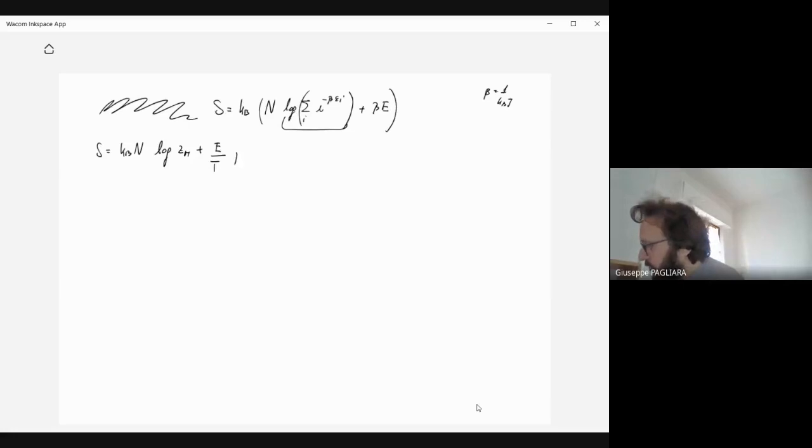And then I can also compute the Helmholtz free energy. The Helmholtz free energy was U minus TS, which in this case coincides with E minus TS.